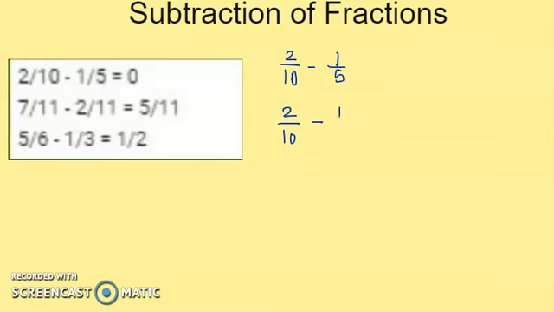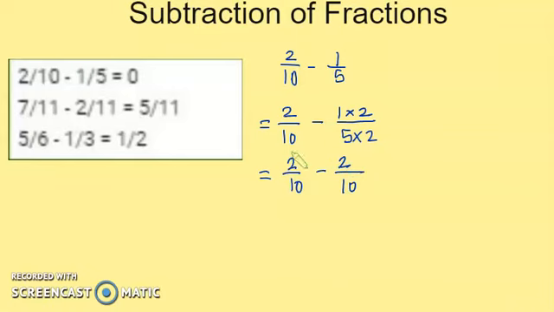So in order to make it 10, you have to multiply the numerator and denominator by 2, because 5 times 2 gives you 10. So now you get 2 by 10 here, as well as in the second fraction multiply the numerator 1 times 2, that is 2, and 5 times 2, that is 10.